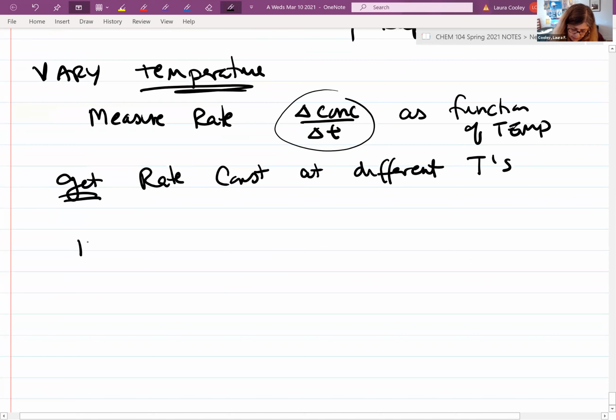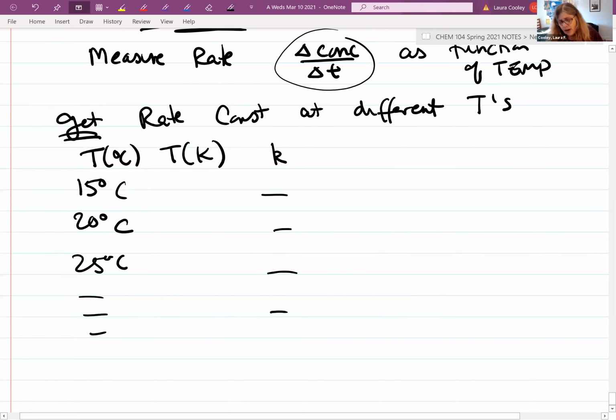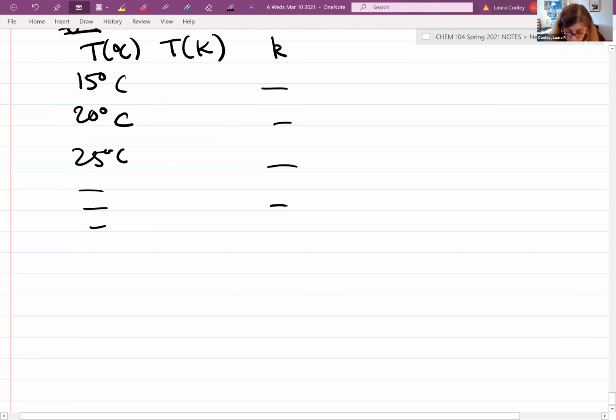So you'll have, like 15, 20 degrees C, 25, etc. And then we'll have the rate constant. And then we'll have to change and put this temperature in Kelvin at some point. And we're going to make a graph. And now I'm going to show you what you're going to graph and why.